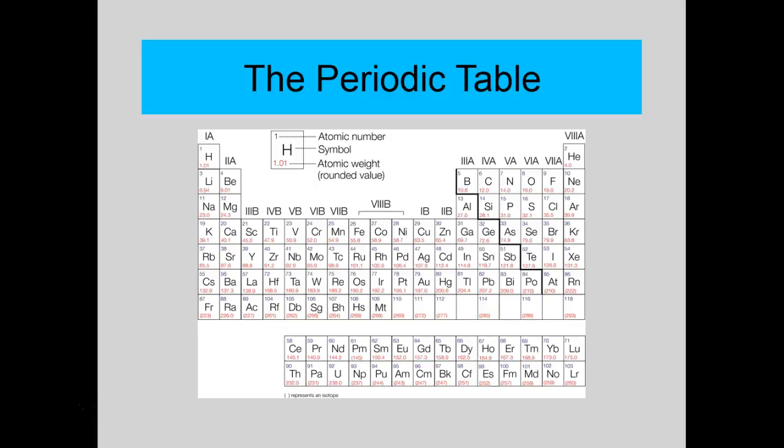Remember there's 2 s's, 6 p's, 10 d's, and 14 f's. 1, 2, 3, 4, 5, 6, 7, 8, 9, 10, 11, 12, 13, 14. These fit in after lanthanum. Actually, lanthanum is the first one, and then the D. But they just set it up this way. And you go through that way.